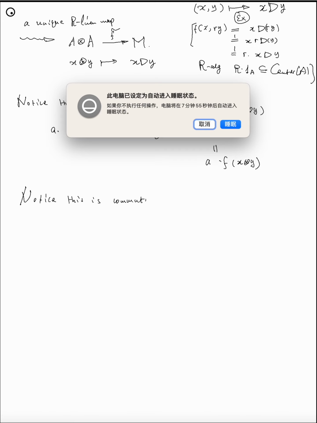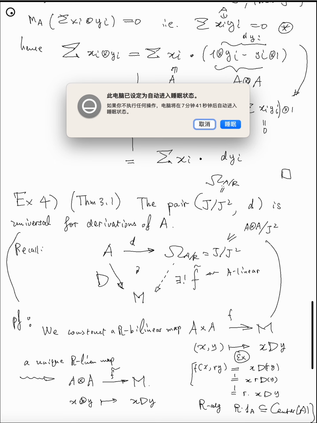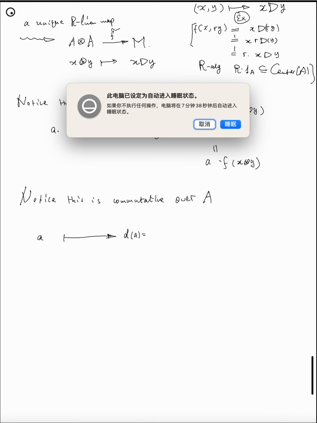The diagram is commutative over A because A is mapped to D of A, which is by definition 1 tensor A minus A tensor 1, and this by our constructed map is mapped to 1 dA minus A d1. A d1 is 0, so this is just dA. This is commutative. We have constructed one, so we have shown the existence.